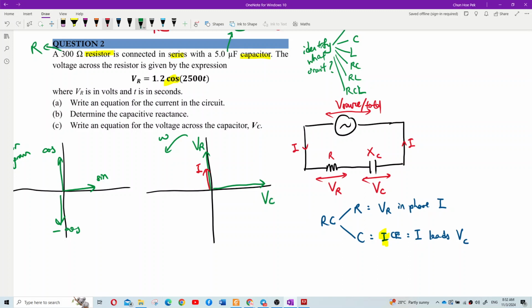Because remember, it must be rotation anti-clockwise. So kalau yang leading punya mesti di depan dia. Macam capacitor, right? Current lead voltage VC. So actually, this graph is almost the same like this one.